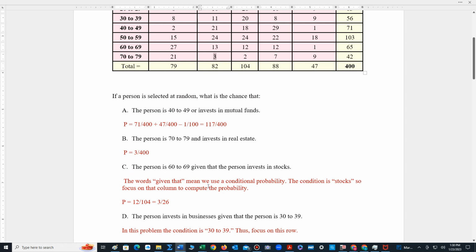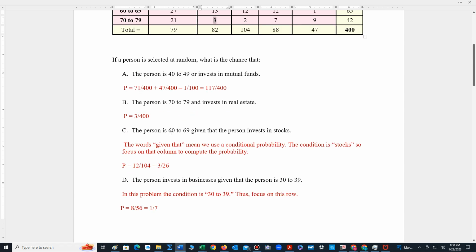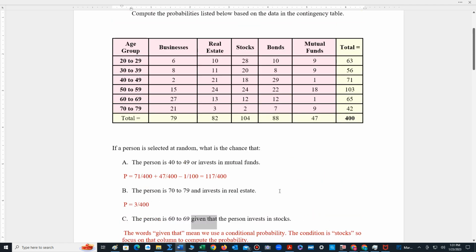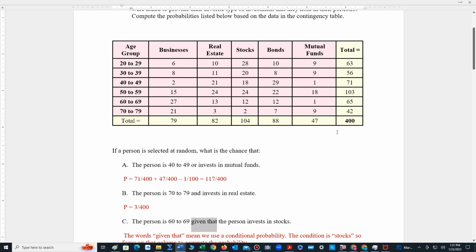For part C, it says the person is 60 to 69 given that the person invests in stocks. When you see the phrase given that, you're thinking of conditional probability. The condition is invest in stocks. So whenever we have a conditional probability, we shrink our sample space to the condition.